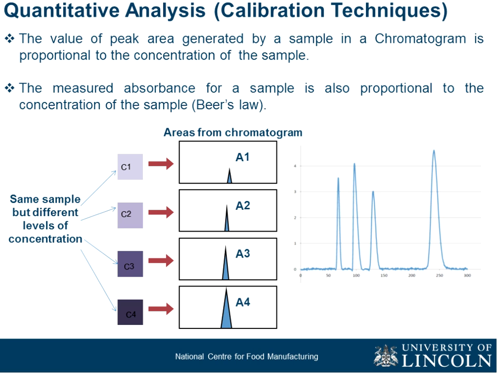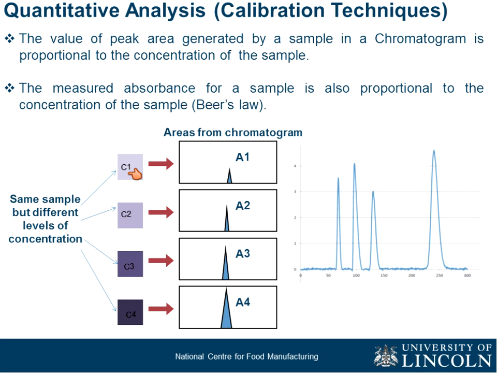You have some samples with different levels of concentration, and the concentration you have determines the area you obtain from the chromatograms, and then you plot that. You have a curve.